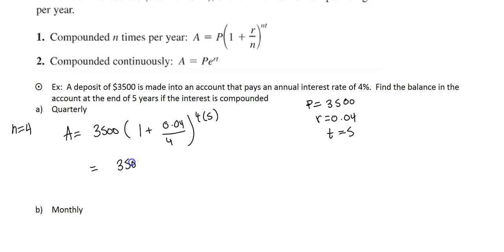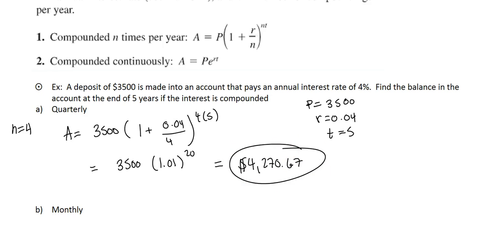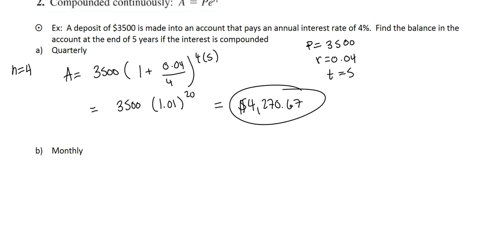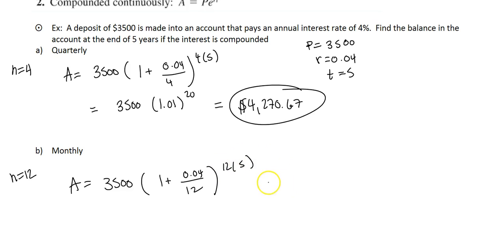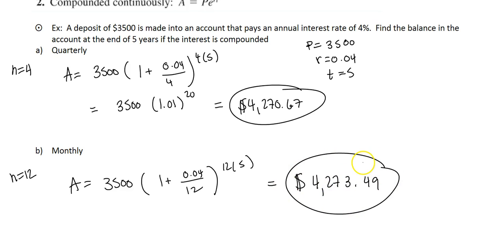This is 3,500 times 1.01 to the 20th power, which gives me $4,270.67. If the only thing I changed was the number of compoundings per year to 12, this would be 3,500 times (1 plus 0.04 divided by 12) to the 12 times 5 power. This one would give me $4,273.49. So you can see that it does increase a little bit.